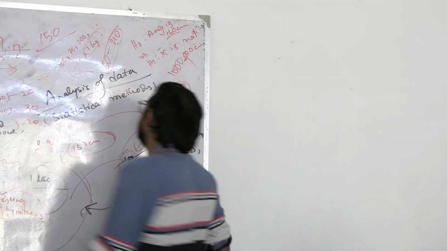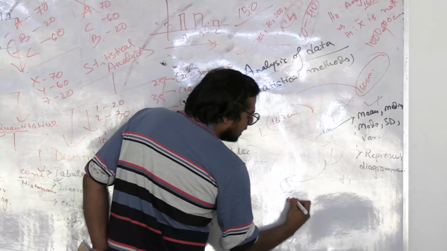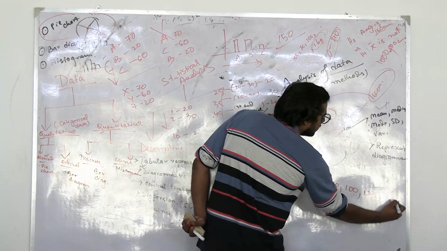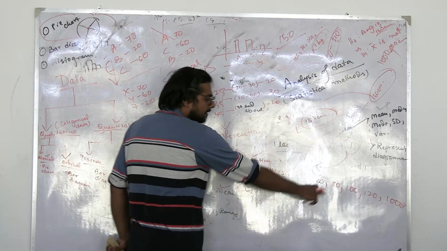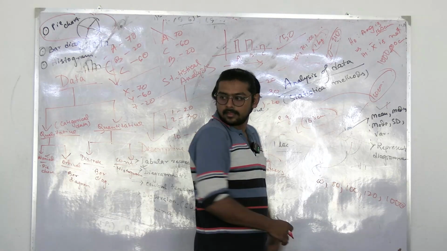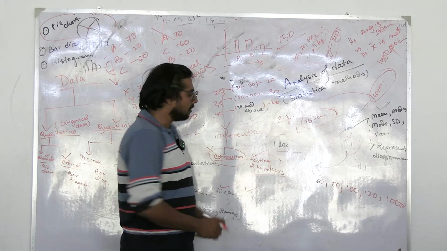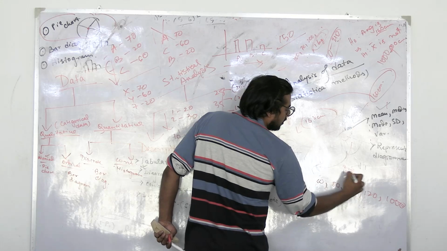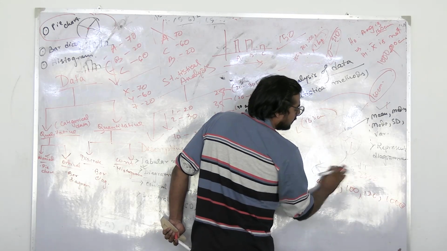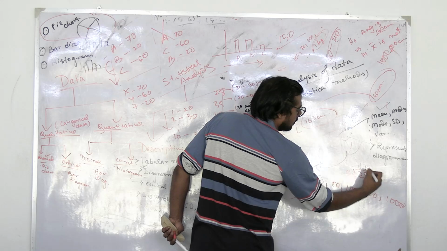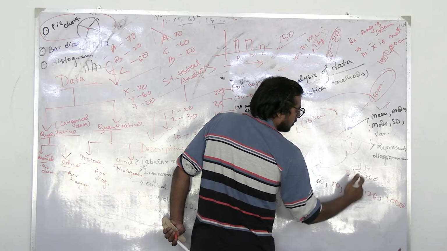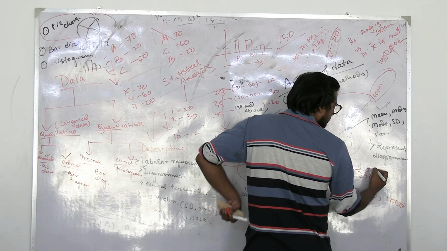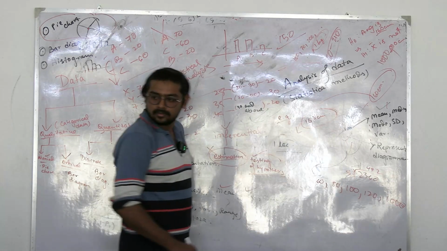Say I take 5 data points: 60, 80, 100, 120, 1000. If we try finding the average, what will happen? The sum is 2360, divided by 5, which is 472.